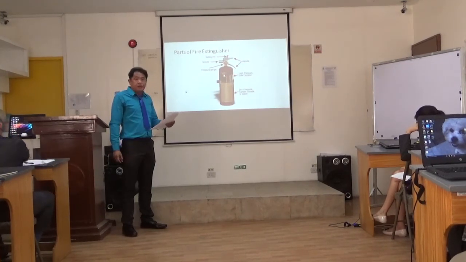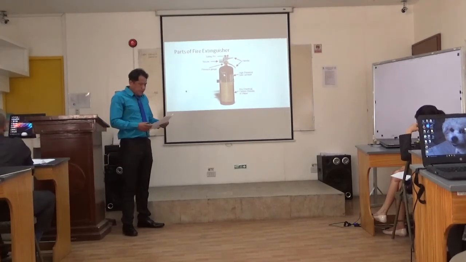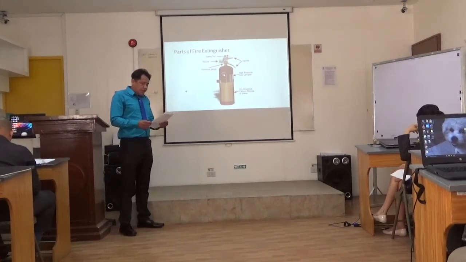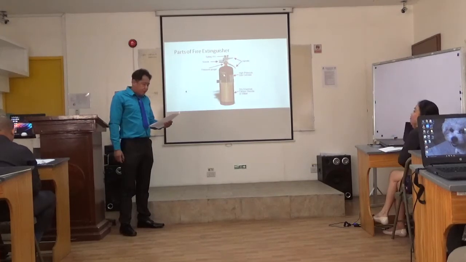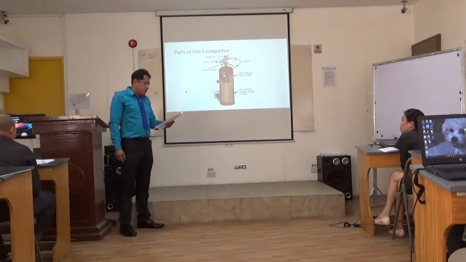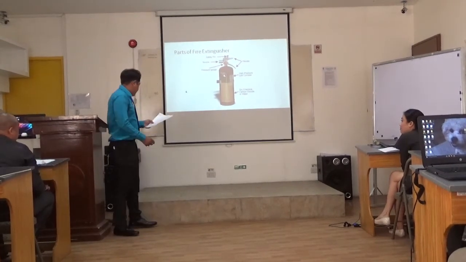This is electrical fires. Examples of this are electrical equipment such as computer and generator. And the last, number 6, is a class A fire. This is a cooking oil. Okay.